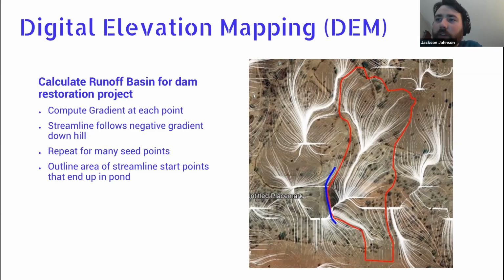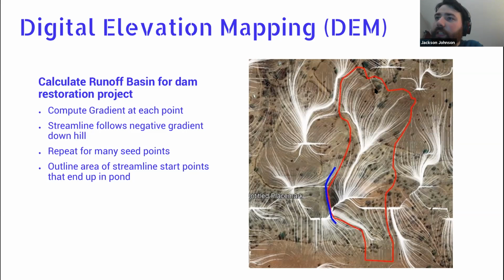So I wrote a piece of code that helps you visualize what it looks like. What my code does is it reads in the elevation map, and essentially it's computing the gradient, i.e. the slope in two directions, at every single pixel. Then it will pick a point on the map and determine which direction the gradient is going, and that tells it the uphill direction from a given location.